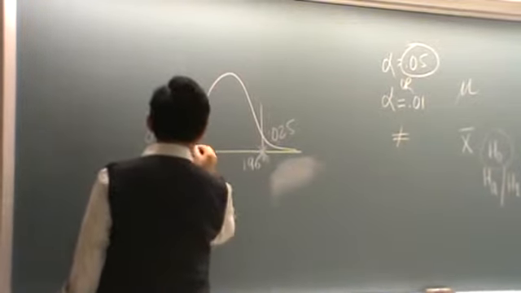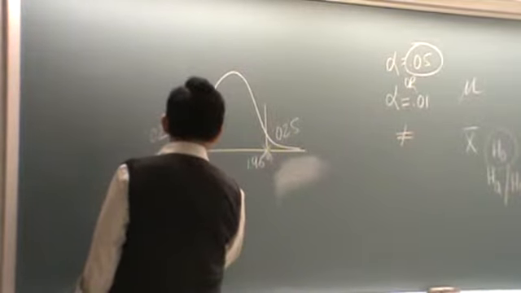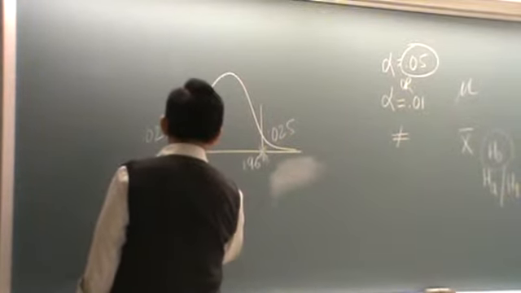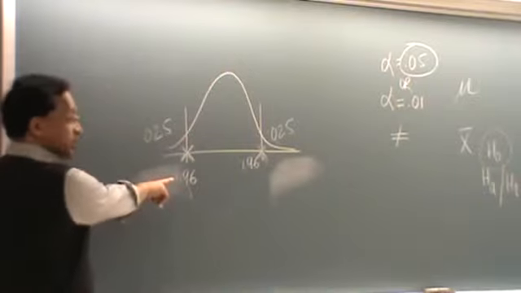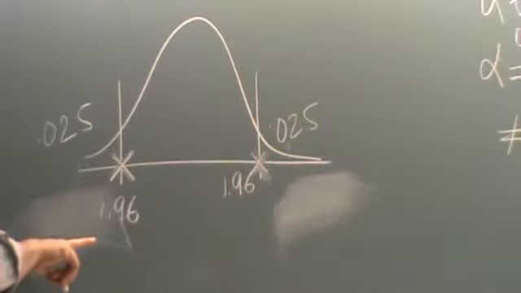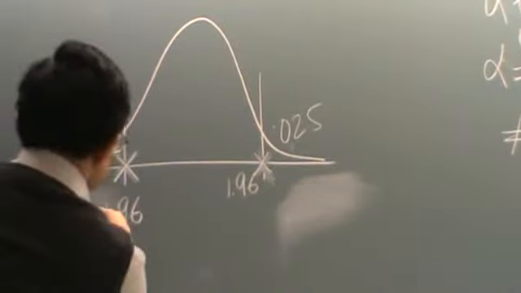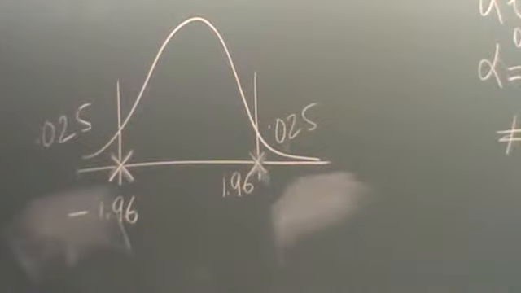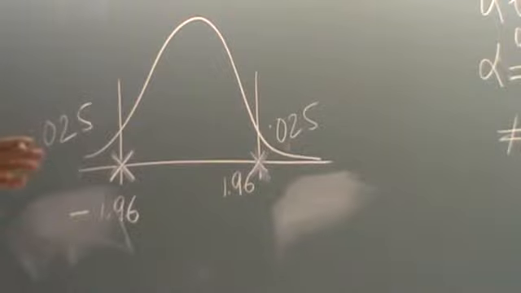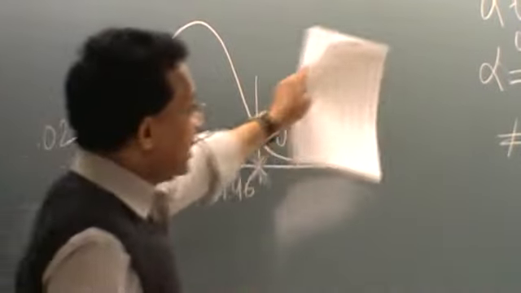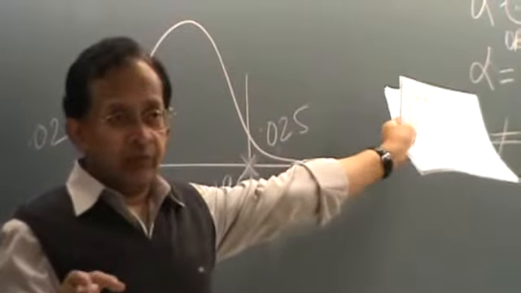Now, this will be the same thing here. Here also we have 1.96. However, since this is on the left side of the curve, we will have a minus sign in front of that 1.96. Now, at this stage, what it is telling you is, okay, we are using alpha equal 0.05.